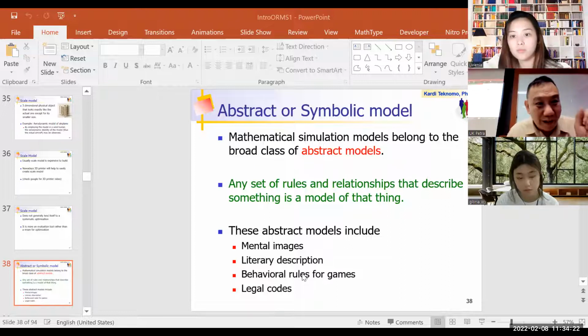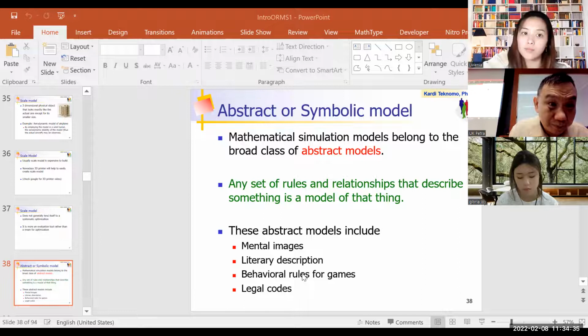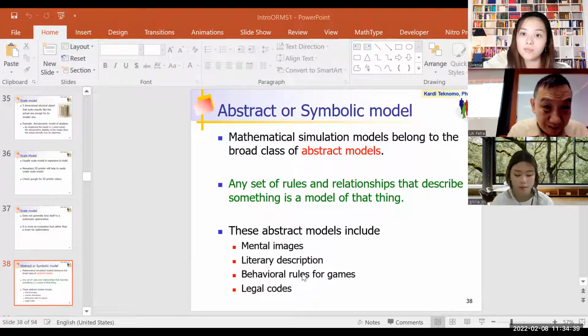When you look at a novel, for example, or the law, the legal code, it's actually an abstract model, right? A novel, stories, is an abstract model. So when I say abstract model here, it's quite broad, isn't it?